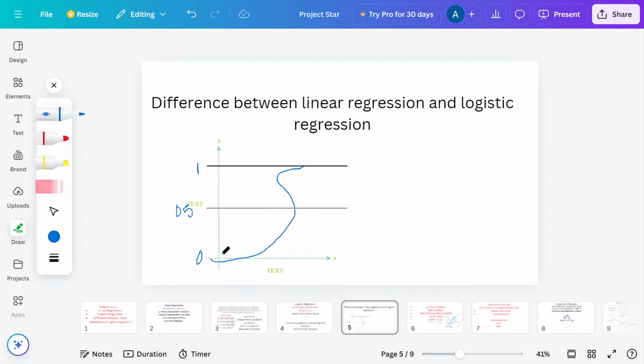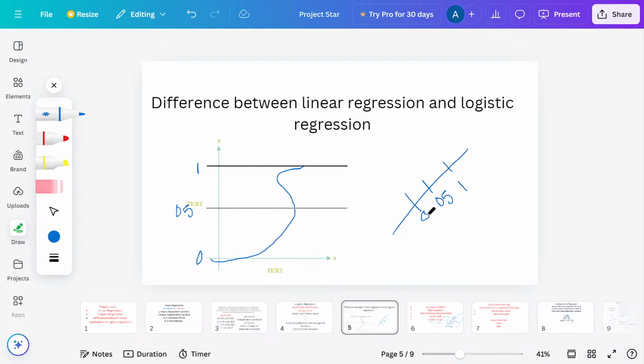0.5. So you will get a value on a scale of 0 to 1. If the value is greater than 0.5, then it belongs to 1.